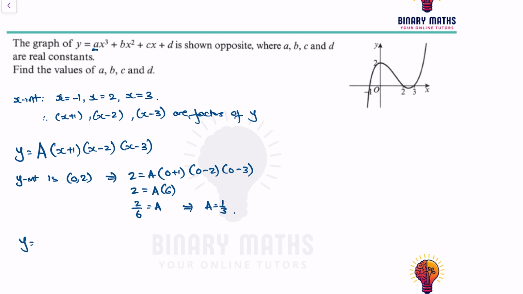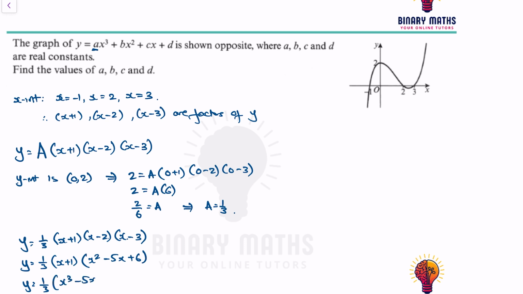Okay, so y is equal to a third times (x plus 1) times (x minus 2) times (x minus 3). If I expand this out, y is a third times (x plus 1). If I expand the last two terms out, I get x squared minus 5x plus 6. If I expand (x plus 1) times (x squared minus 5x plus 6), I end up getting x cubed minus 5x squared plus 6x plus x squared minus 5x plus 6.